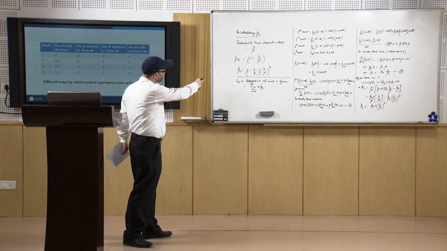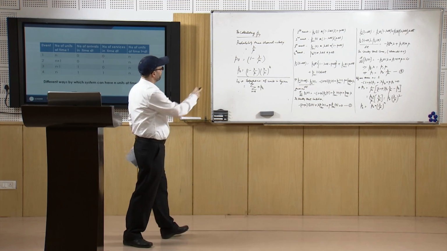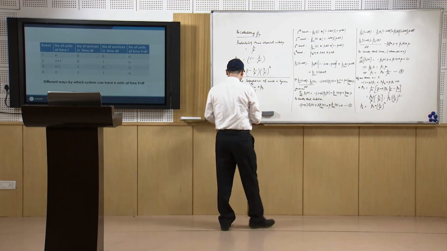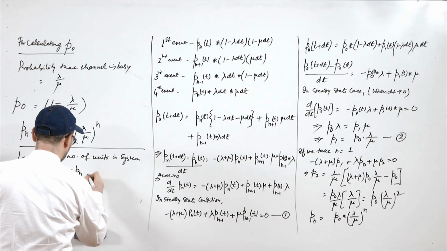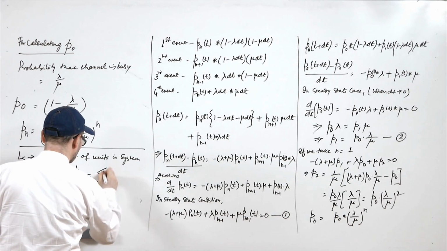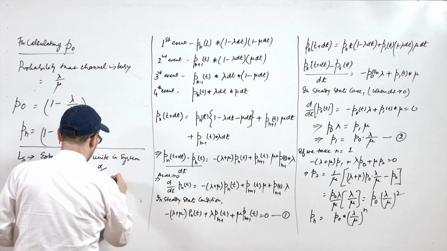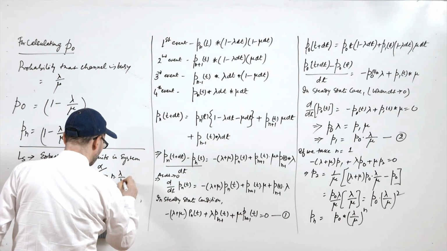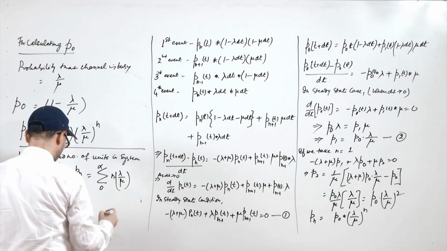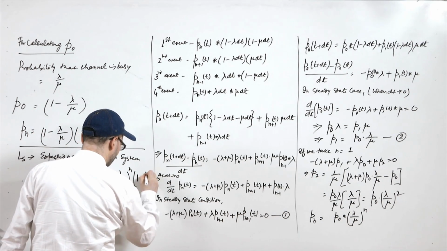So, we can have p n from here. So, you will have summation 0 to infinity n into lambda by mu raised to the power n into 1 minus lambda by mu.